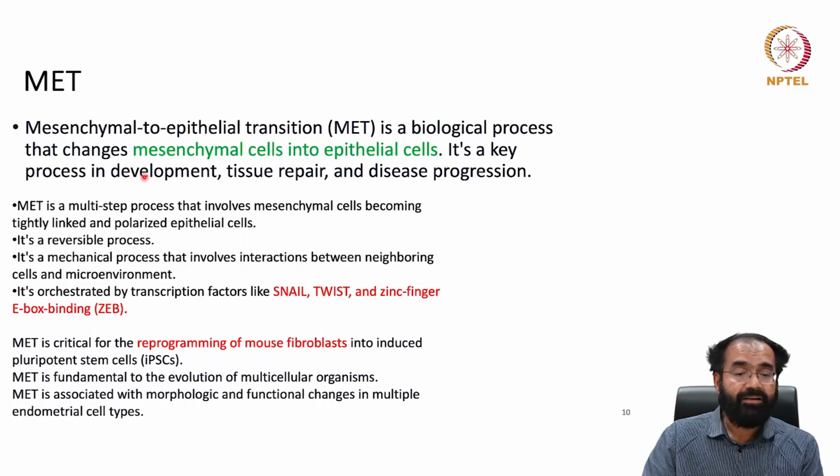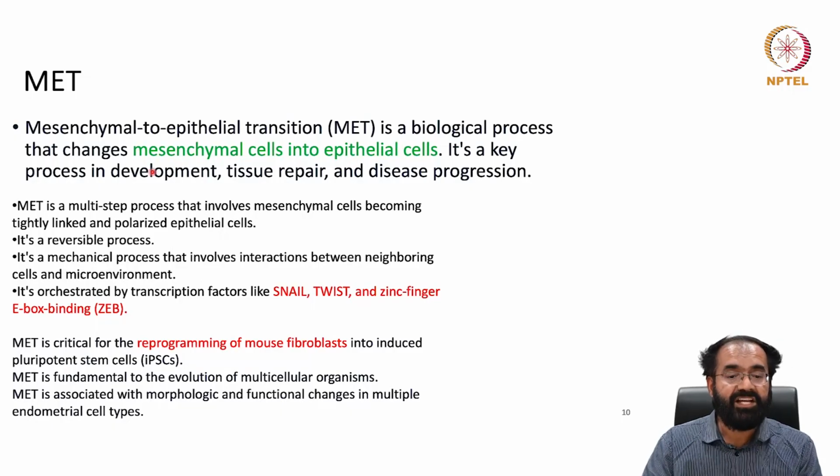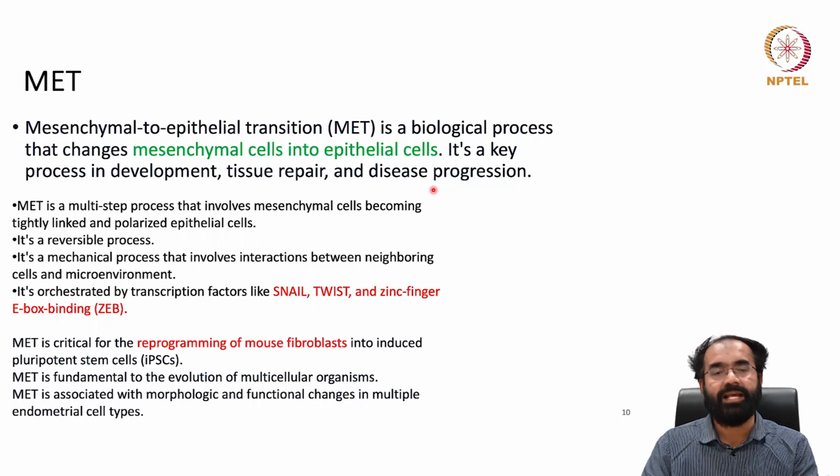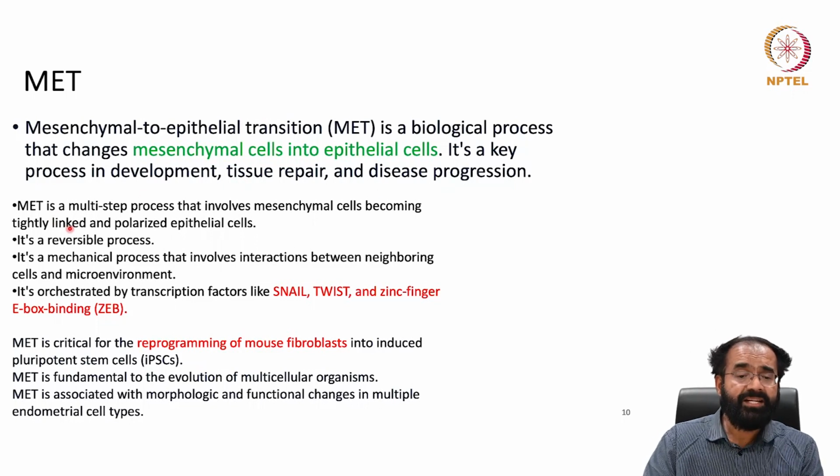So in MET, what happens? Mesenchymal to epithelial transition is a biological process that changes mesenchymal cells into epithelial cells. It's a key process in development, tissue repair, and disease progression. Disease here we are referring to cancer. MET is a multi-step process that involves mesenchymal cells becoming tightly linked and polarized epithelial cells.